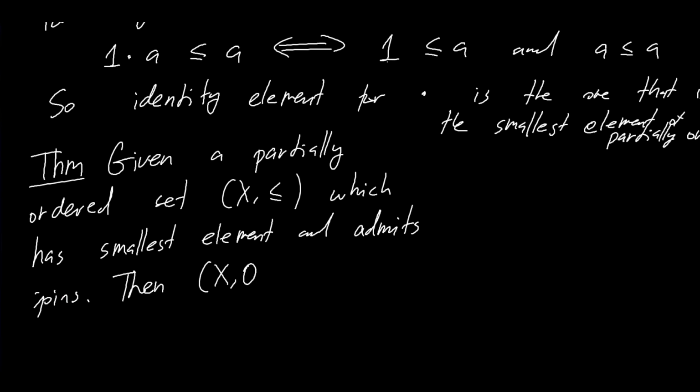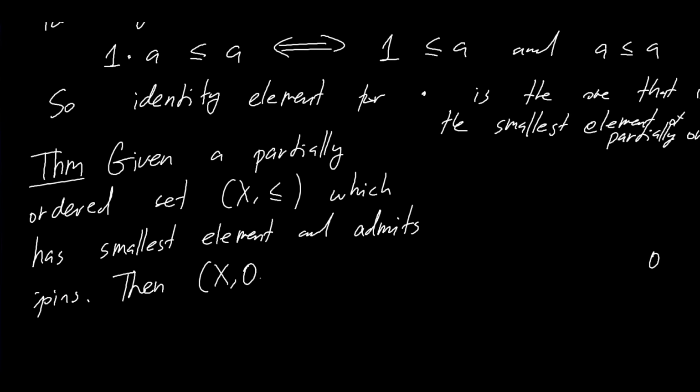Why? Because 0 usually is the notation for the smallest element in a partially ordered set. 1 is usually the notation for the largest element. That has to do with the 0, 1 partially ordered set, which is of course important in computers.